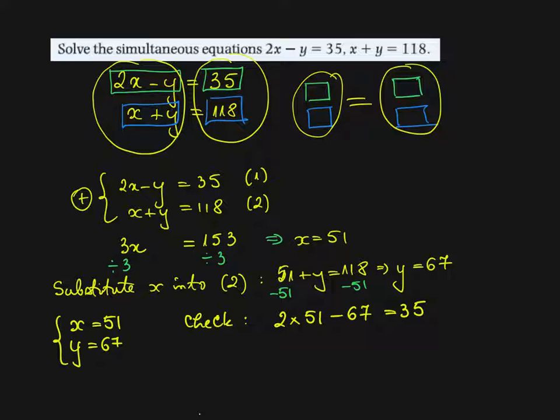So if I calculate the left hand side with my calculator, I see that I get 35. And the second one is x plus y equals 118. The second one is correct as well. So this is my solution. This method is called the elimination method because after adding the two equations, I eliminate y. So y disappeared after adding the two equations.